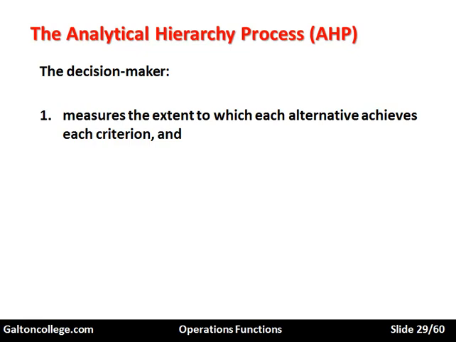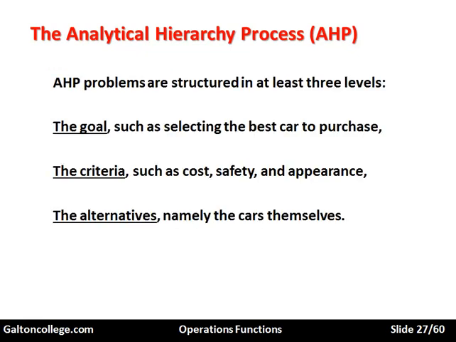So let's go back for a moment. Let's go back here and look at the criteria. The criteria is the cost, the safety, appearance. To what extent is the criteria met? What is the criteria? As cheaply as possible? Should the car be middle range? What sort of safety do we require in the car?